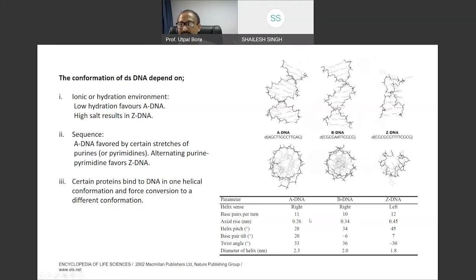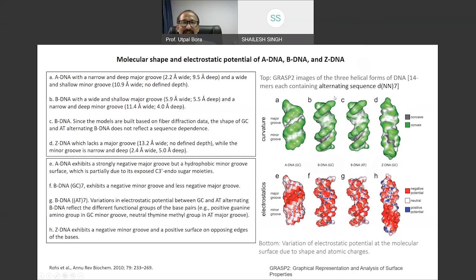All of you know about them more or less, as these are very simple things taught in high school. Maybe you have forgotten. In Z-DNA, the helix sense is left-handed, and it has more base pairs. The name Z comes from its zigzag nature. Now, when you look at the molecular shape and electrostatic potential of A, B, and Z DNA, they differ.